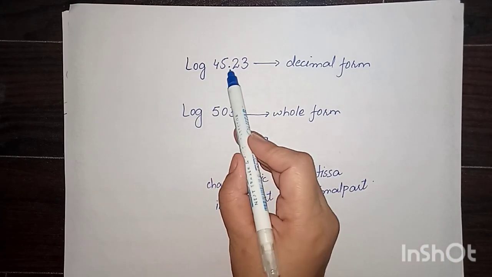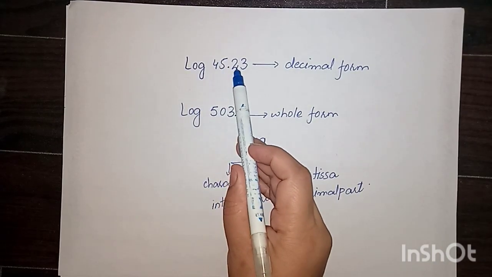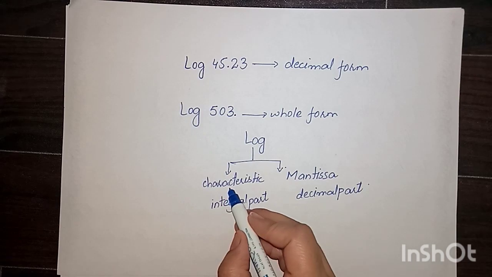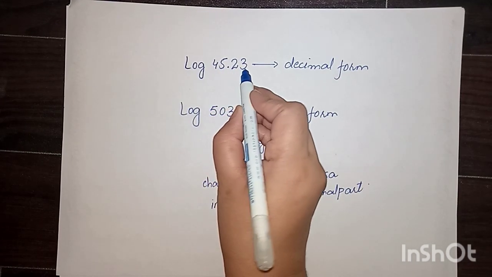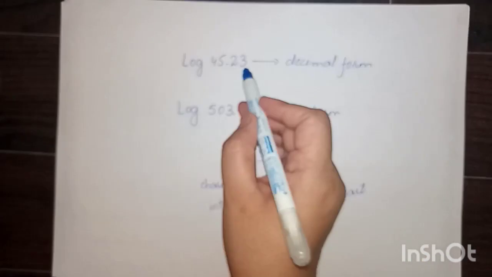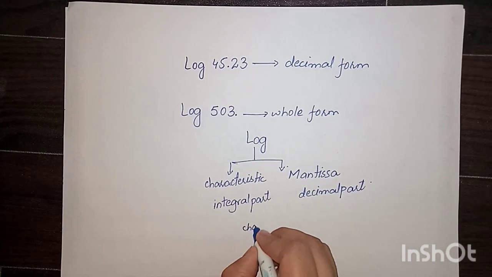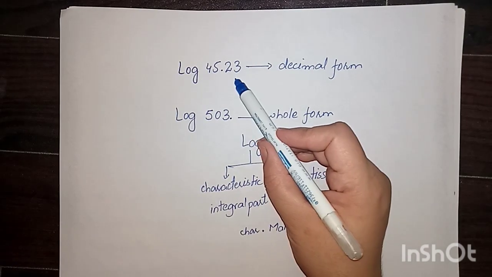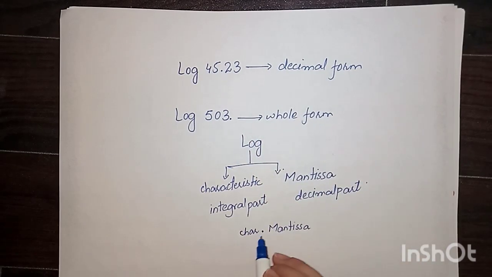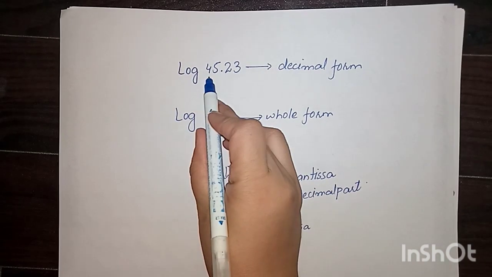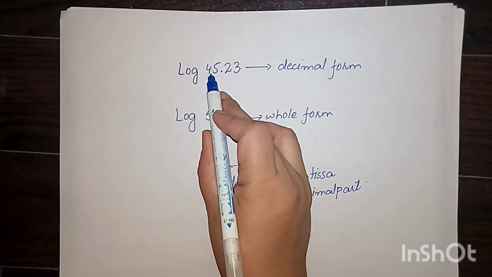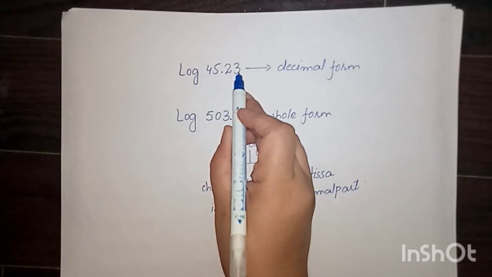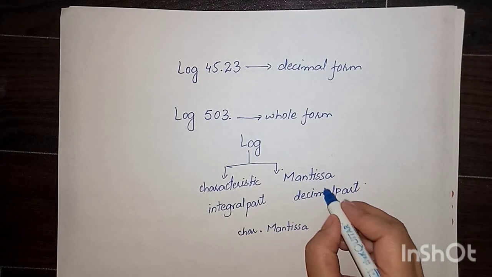For example, if I take the number 45.23 in log, the integral part 45 gives the characteristic, and the whole number 4523 gives the mantissa. When we write the log, the first part must be the characteristic, and after the point the second part will be the mantissa. The mantissa will be our decimal part.